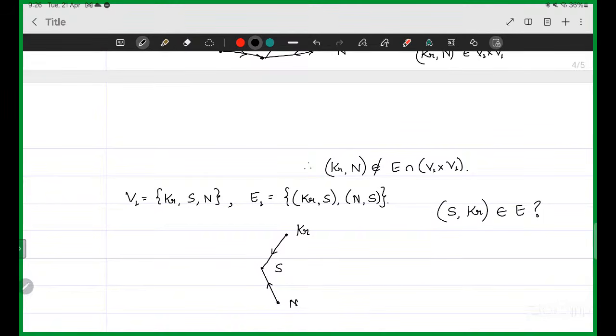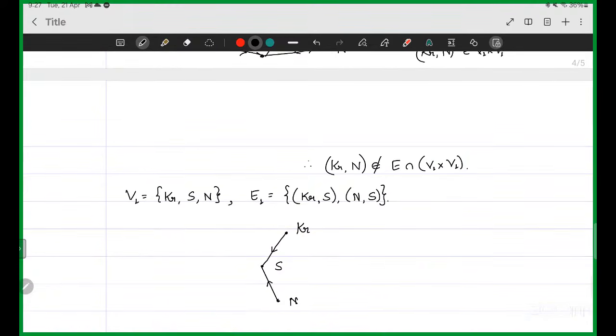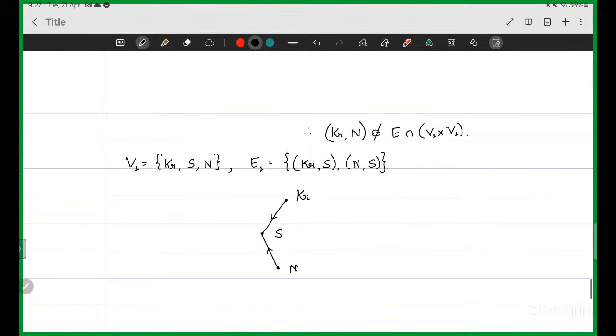No, it does not belong to E. So that's why it does not belong to E1 also. That's why this direction arrow is not there. So the only direction I have is towards S. So the in-degree of S is 2, the out-degree of KR and N are 1 each. Everything else is 0. All that is clear, right? So now can you answer the question?